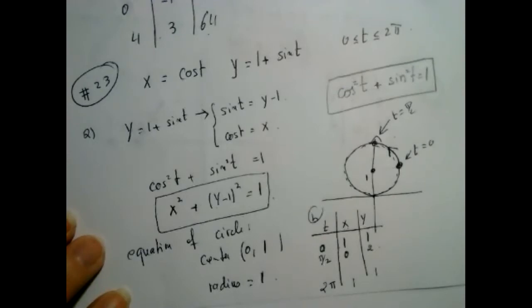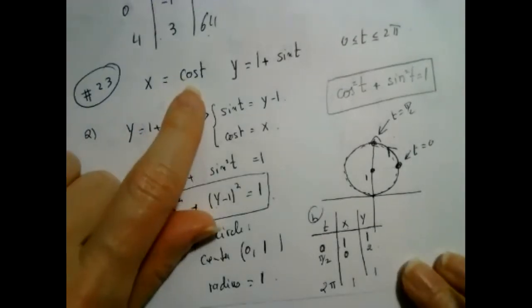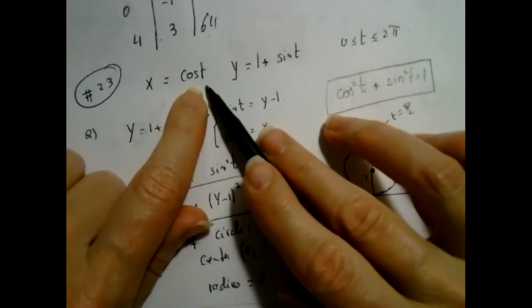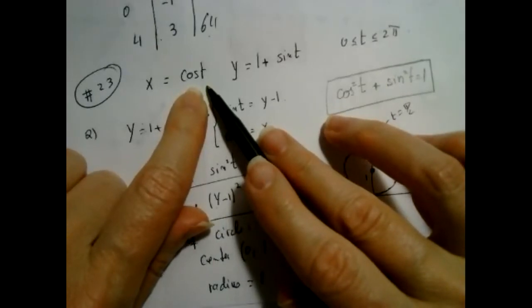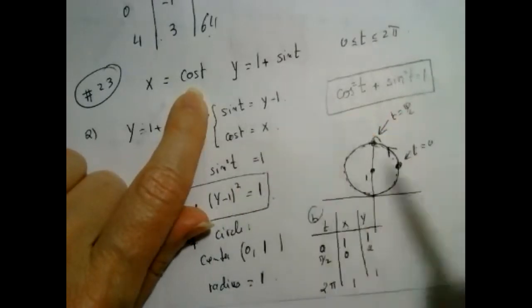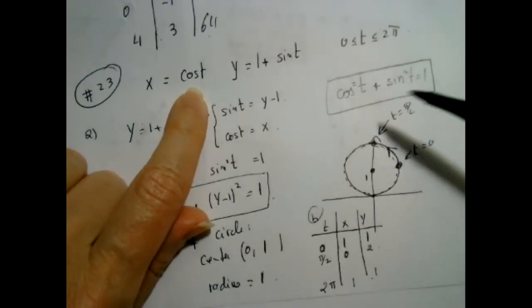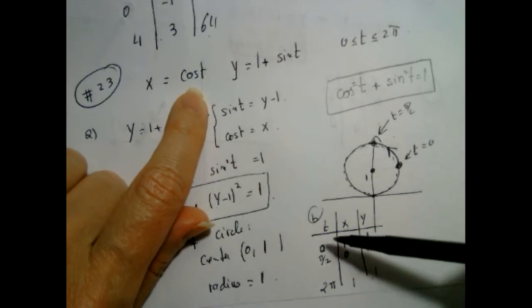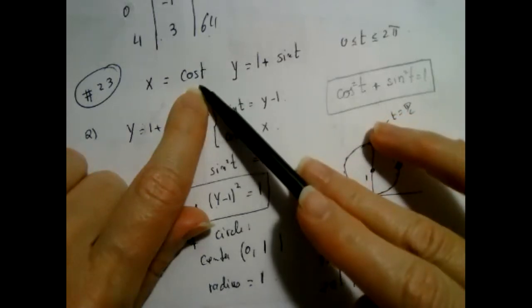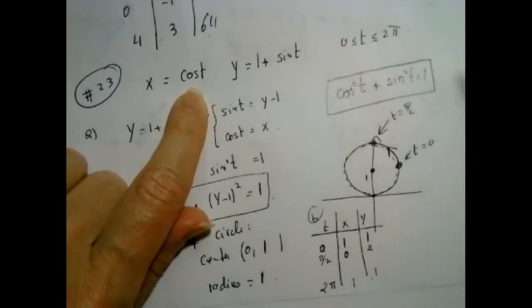Another way you can think about it, you say, okay, as t increases, what happened to x? And what happened to y? One way is to plug in a point, and we did. Another way you can ask yourself: when t increases, what happened to x? Does it increase or decrease? Let's imagine x is the cosine of t.